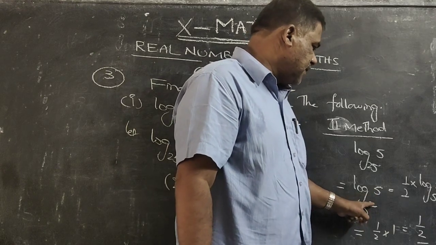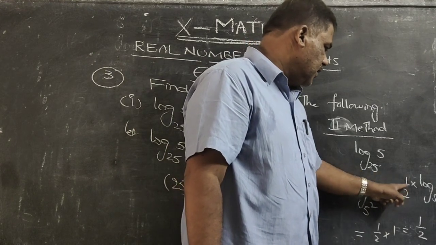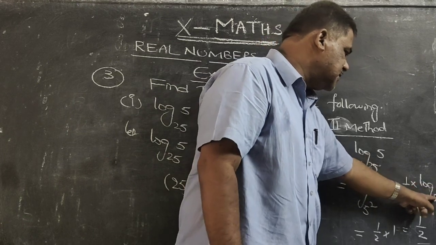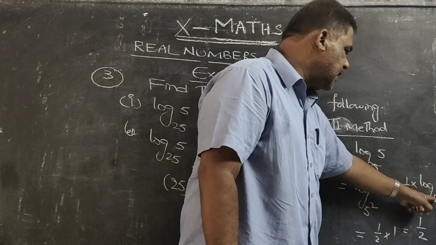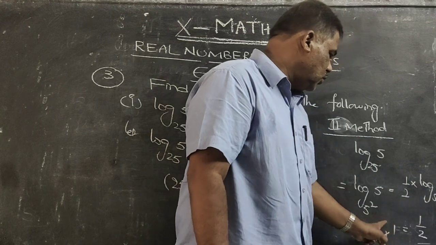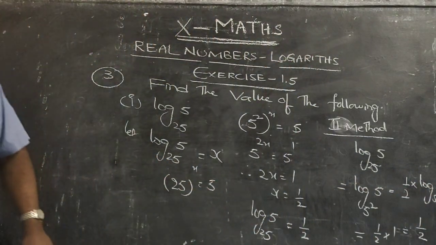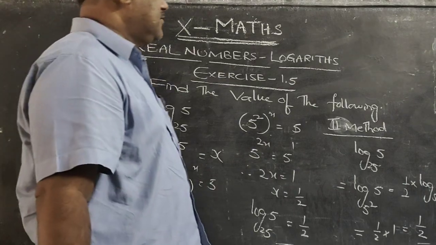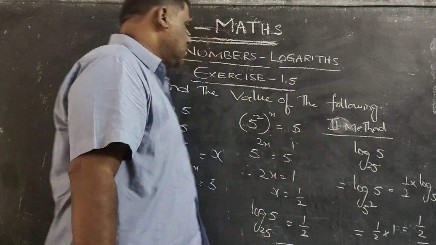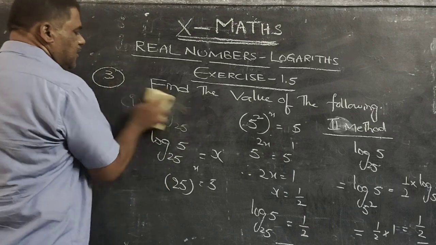If the base has power, it will become 1 by 2. So 1 by 2 into log 5 base 5. Logarithm of a number itself as the base, this is 1. So 1 by 2 into 1, 1 by 2 answer. Like these two methods are there. So depending on the nature of the problem, we will apply. Which method is easy, that we will do.